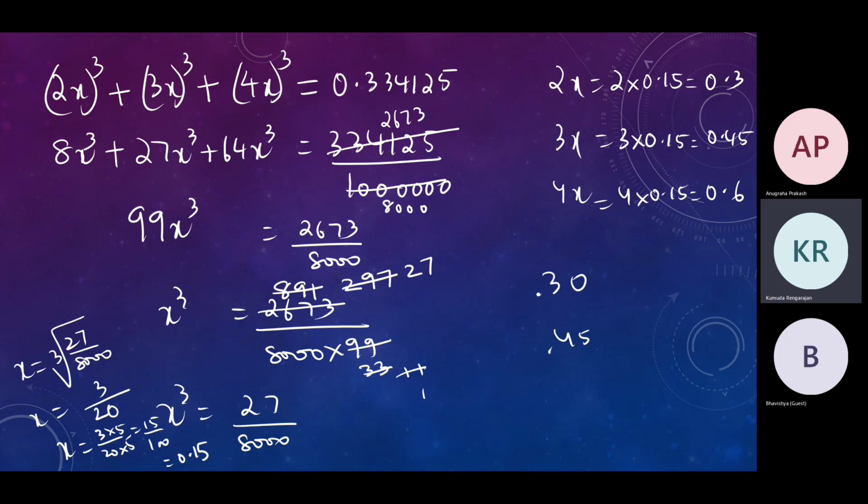That 0.334125 divided by 99. Show me your division. Take a photo of that. Yes, ma'am. Okay, you send that. I'll come back to you, Bhavishya. We'll go to the next one now.